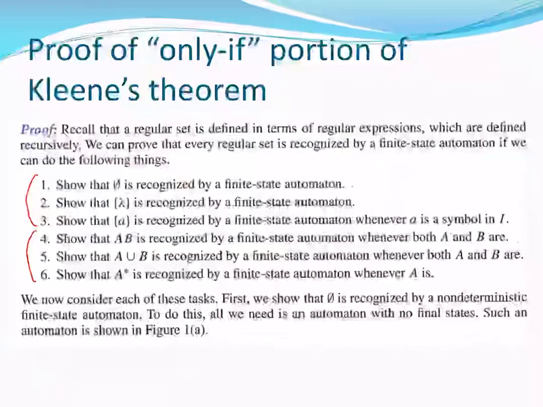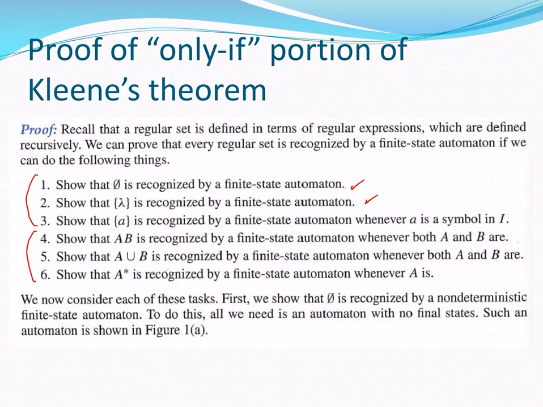We will show that in each case we can recognize the regular set by a finite state automaton, and in so doing prove that any regular set can be recognized by a finite state automaton.